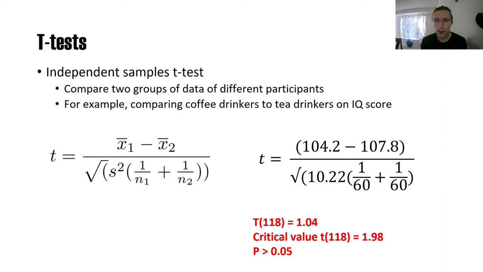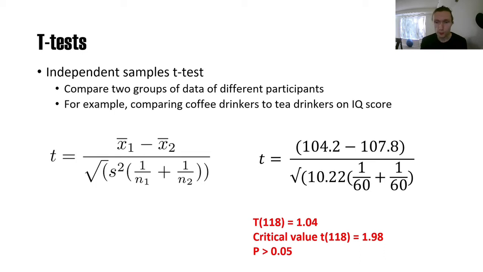And as you can see here, the critical value therefore moves a little bit more inwards, which means that our critical value is now 1.998, which is very close to that 1.96 we saw before for the z-distribution, which, remember, is the same as a t-test, but then for an infinite amount of participants.